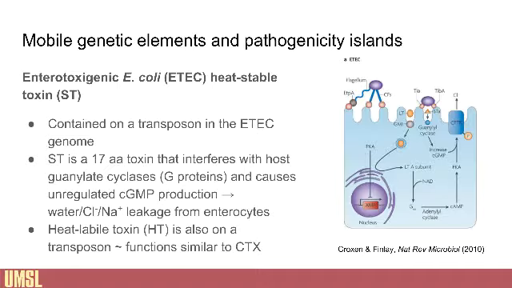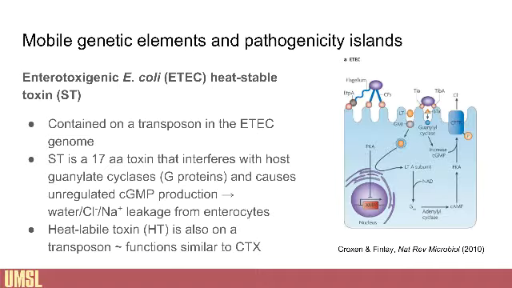And so this is actually on a transposon. Depending on which toxigenic E. coli you find, it'll be in slightly different places on that host chromosome, but it's something that's preserved. And heat-labile toxin is another toxin produced by ETEC, and it functions very similarly to cholera toxin, similar to what the heat-stable toxin does.